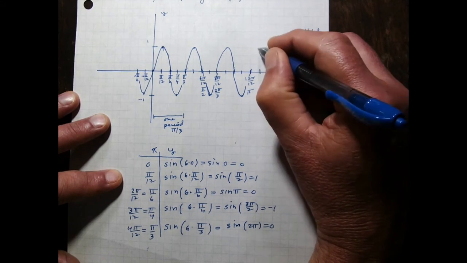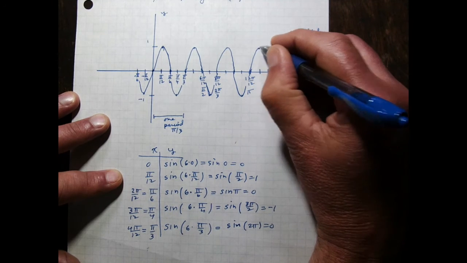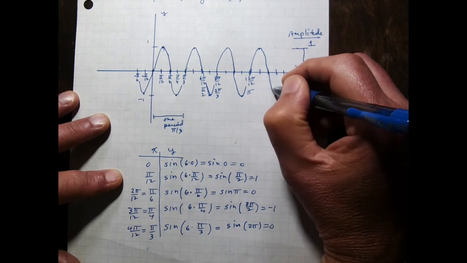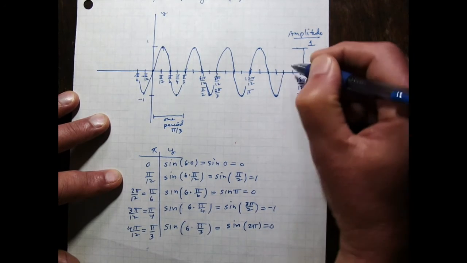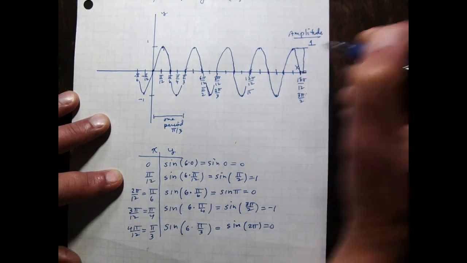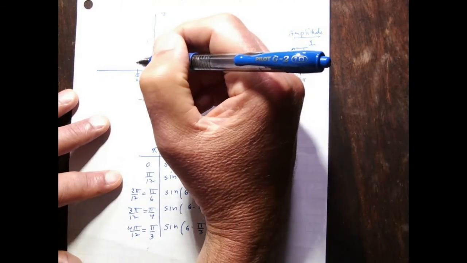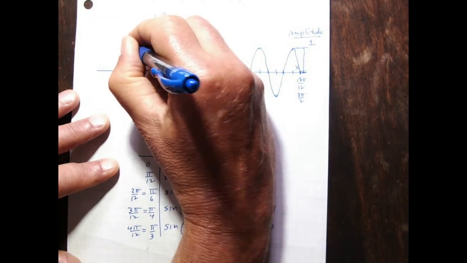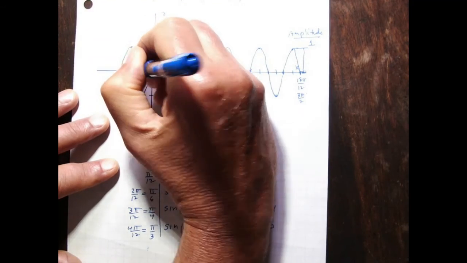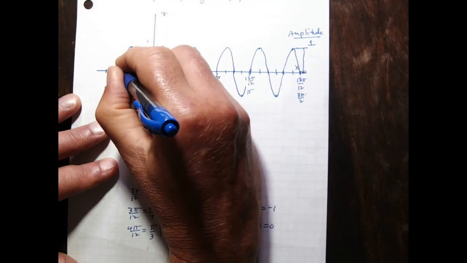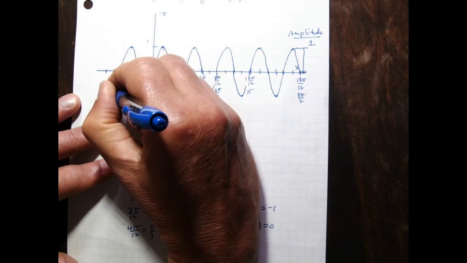I know my wave pattern for this function is just going to repeat over and over again, period after period. So I'm drawing many periods of this graph because you won't normally have to draw this much.